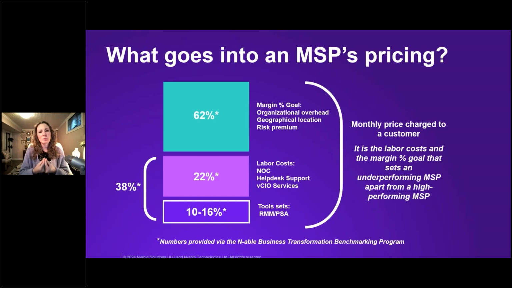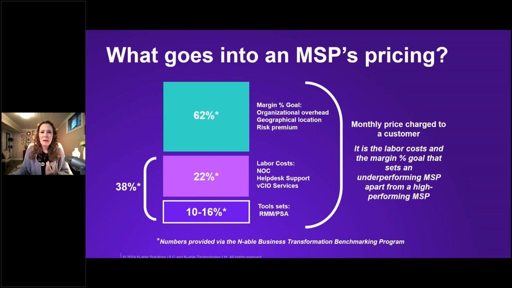And this risk premium really takes into account who's going to be responsible for assuming and carrying that risk. When we get to a comprehensive program or an advanced security program, it's going to be mostly you as the MSP that is going to be taking on the majority of that risk.